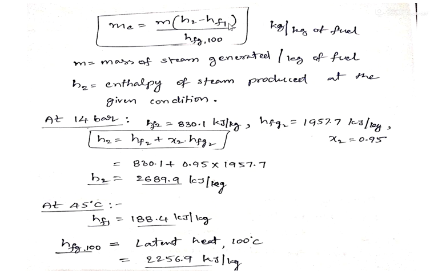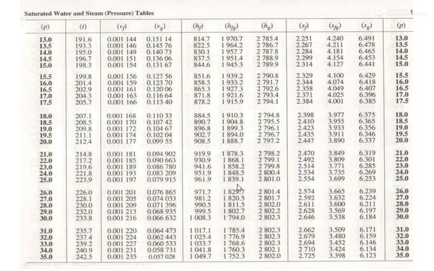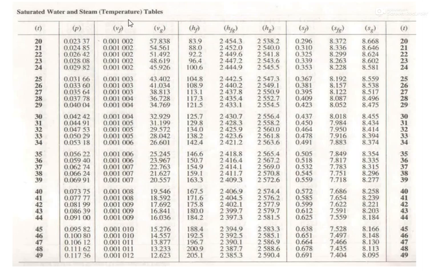Here Hf1 is the enthalpy of the feed water, and 1 stands for the inlet condition. We will assume that in general the feed water is completely in the liquid state itself. So, this enthalpy is taken as directly the enthalpy of the water at 45 degrees centigrade. This we will also find from the steam tables. Let us take the temperature based tables.